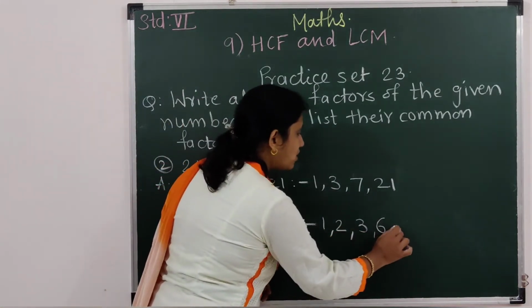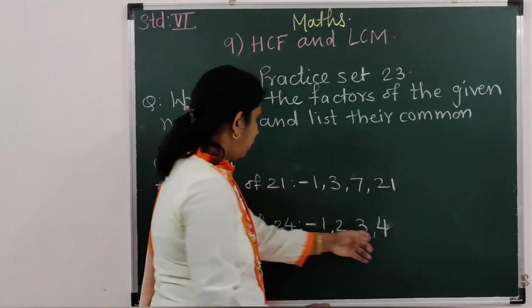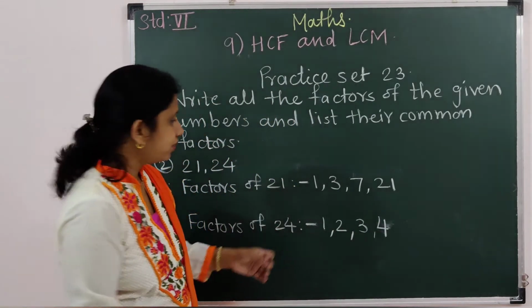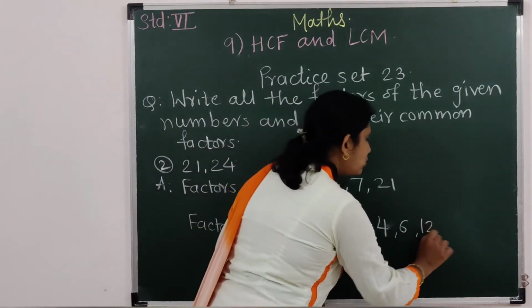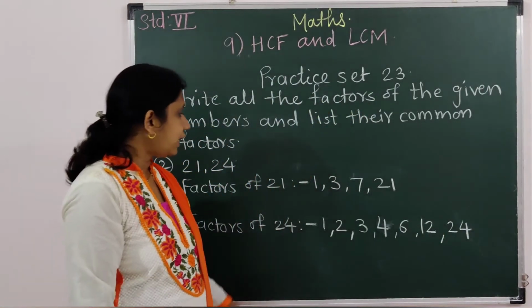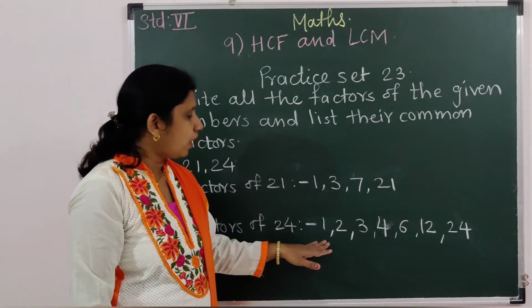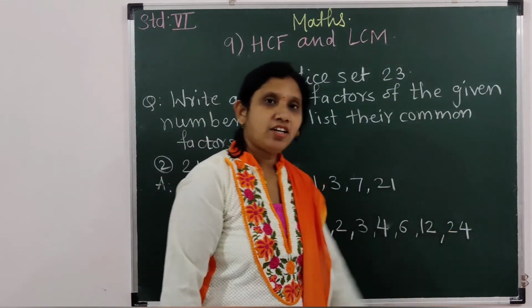Then 4 ones are 4, 6s are 24, 6 4s are 24, then 12 2s are 24, 24 ones are 24. So what are the factors of 24? 1, 2, 3, 4, 6, 12 and 24.